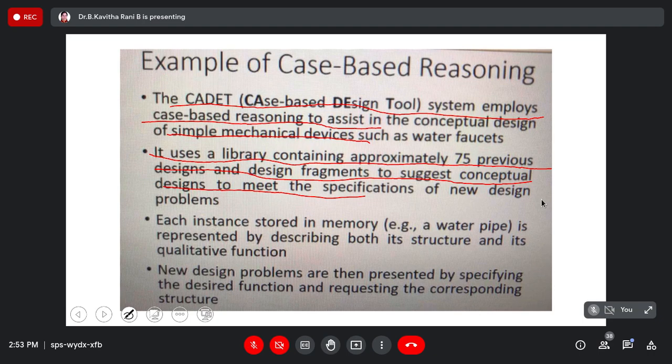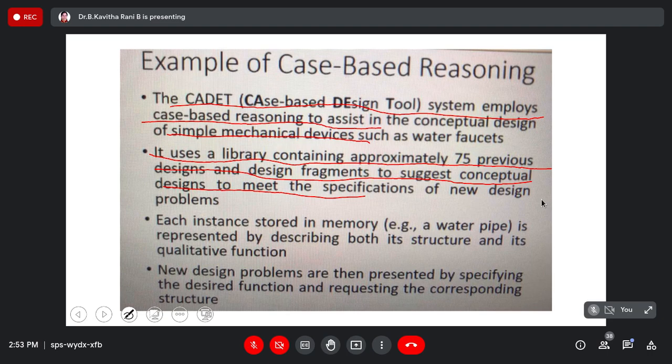If this is the input temperature of the water, and this has to be the output temperature, this is how the problem is described. Now according to this we have to design the tap.